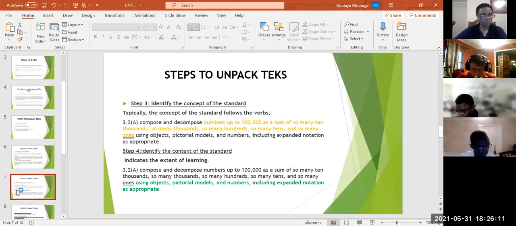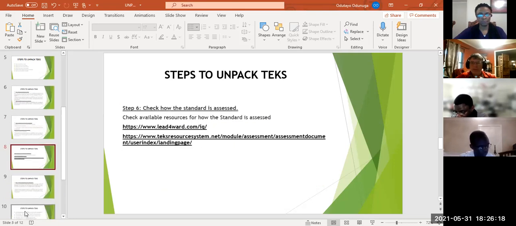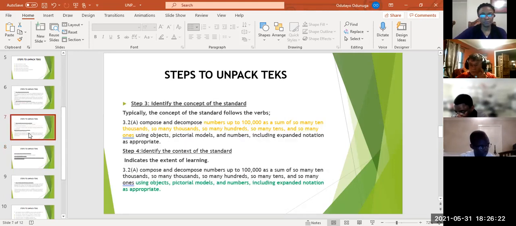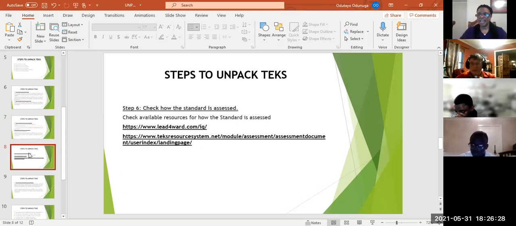So I want us to move to the next. So let's see. Once we understand our standard, what is expected from us, the verb, the concept, the context, then we're going to look at how this standard is assessed.